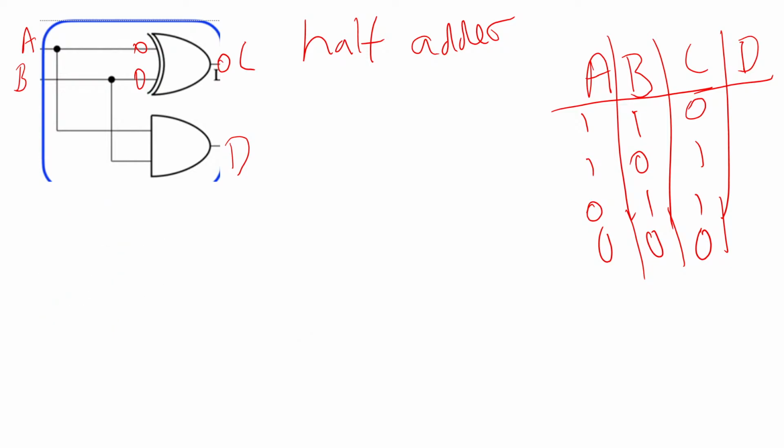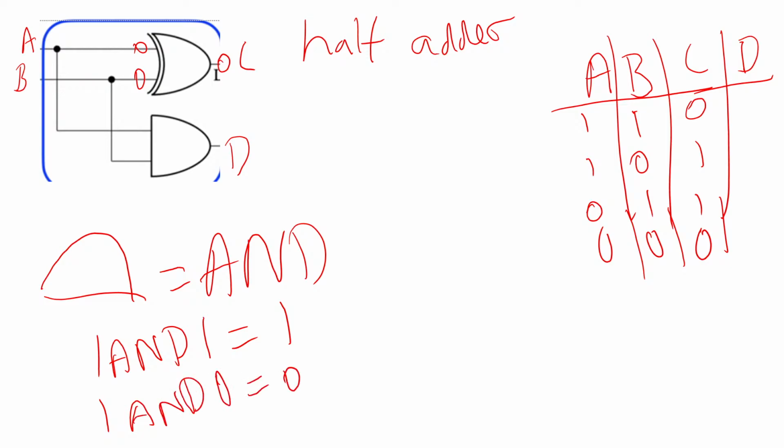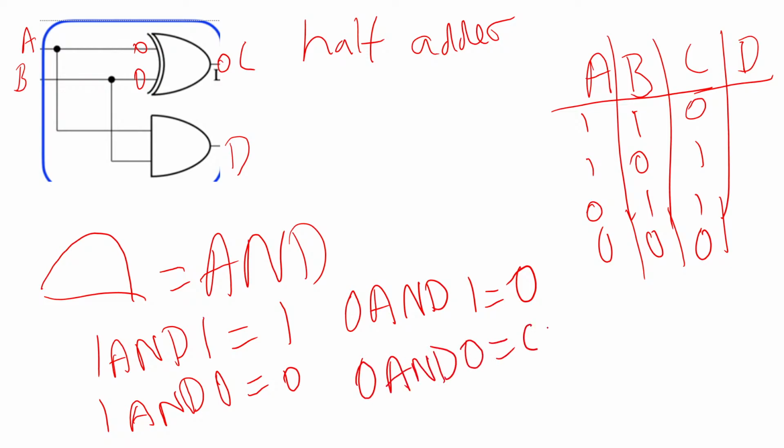Next one, we have an AND gate. So this here equals AND. So 1 and 1 equals 1, 0 and 0 equals 0.